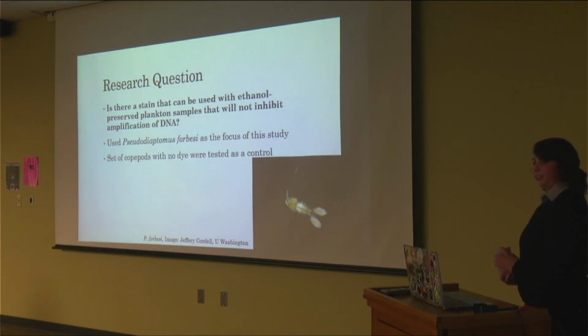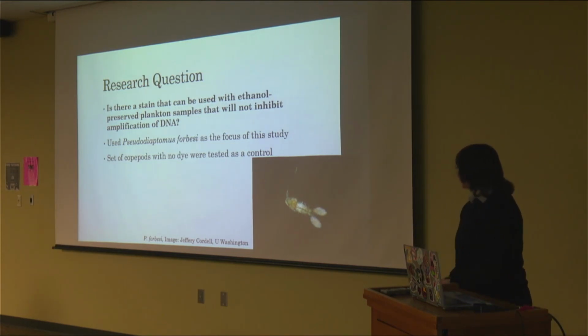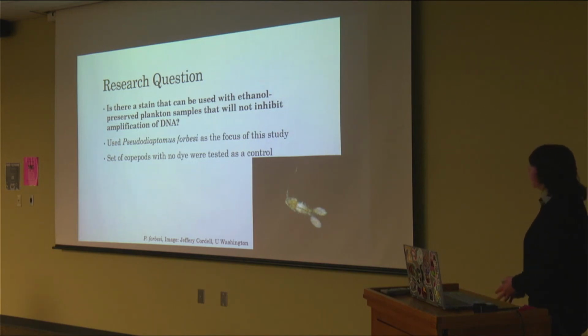So my question is: is there a stain that can be used with ethanol-preserved plankton samples that will not inhibit the amplification of DNA? We used the species Pseudodiaptomus forbesi as the focus of this study, as they're an abundant copepod in the San Francisco estuary. And we used a set of copepods with no dye as our control. This is actually a Pseudodiaptomus copepod there. Little fun fact, that one is female.